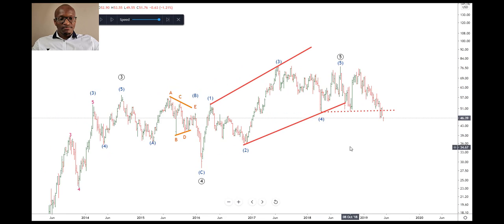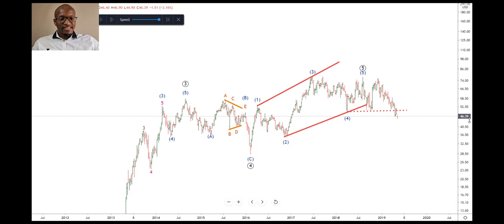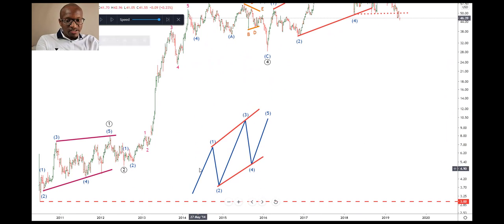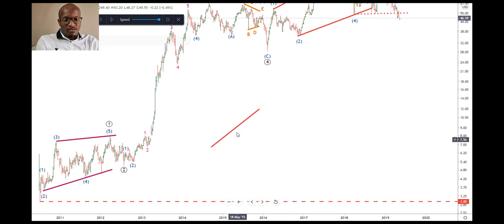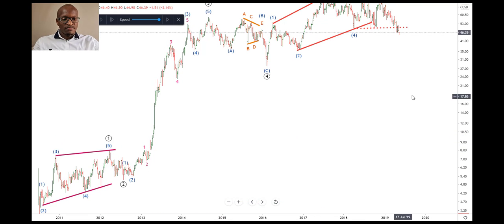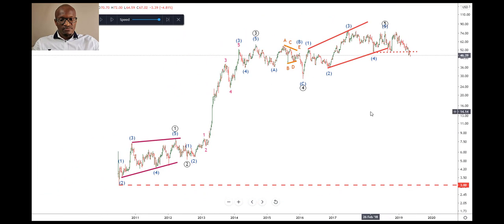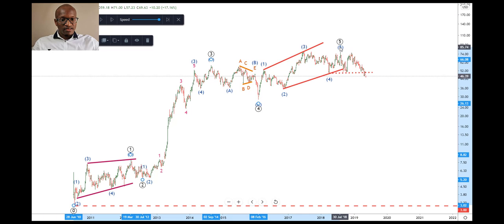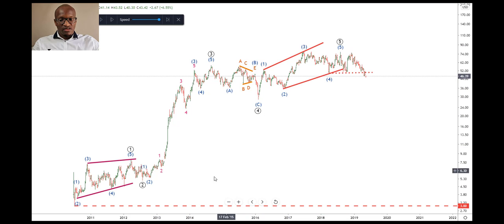So at this juncture here, we can label this entire advance as a higher degree wave 1. So if we look at this entire advance from this point where this wave 4 low is broken below, we can label this as a higher degree wave 1.